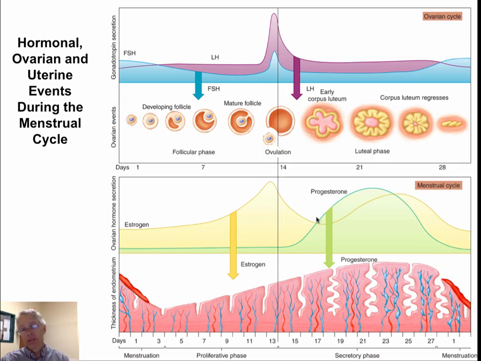And then we see the increasing estrogen during the first part of the cycle, coinciding with the lining of the uterus becoming thicker. And then relatively high concentrations of estrogen and much higher progesterone being associated with an even greater thickening of the lining of the uterus and more blood vessels. So all of that's happening to prepare the uterus for the possibility that an embryo is going to show up and need a place to implant.